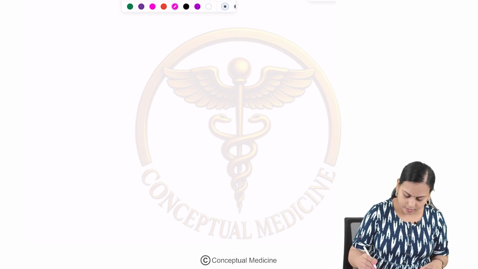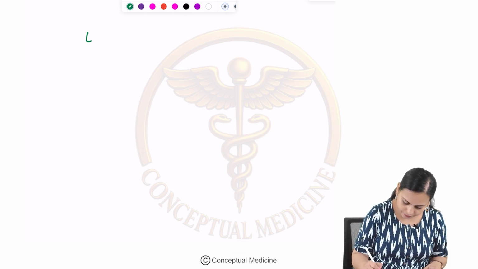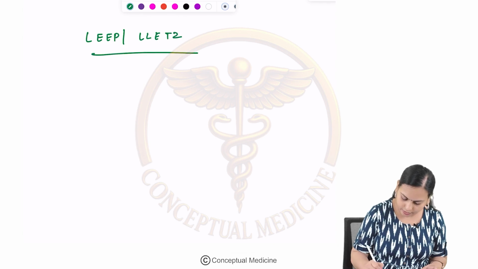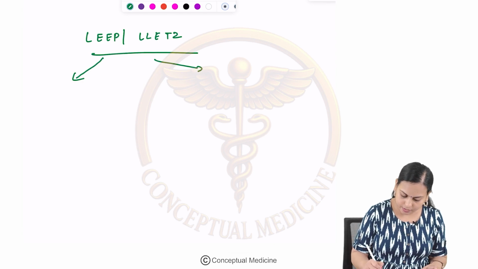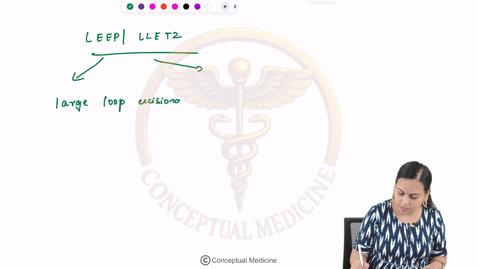Now, the next one is LEEP or LETS, large loop excision of transformation zone. Let me tell you what these abbreviations are first. LEEP is large loop excisional procedure.